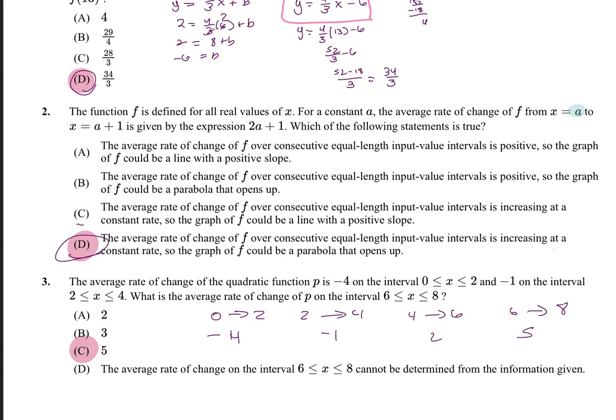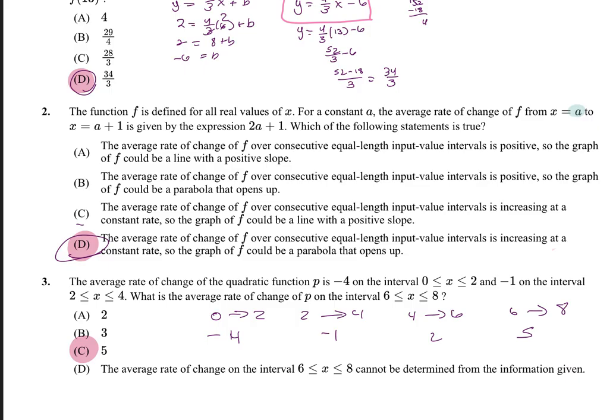And if they are increasing at a constant rate, then this says, could it be a line with positive slope? My rate of change is changing. If it was a line, what would be true about your rate of change? It would not change. It would be the same every time, right? A line has the same rate of change.